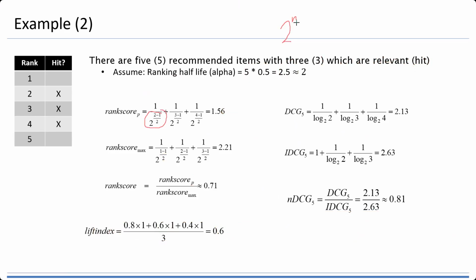And for the leaf index, we just use the linear reduction: the first is 1, then 0.8, 0.6, 0.4, 0.2. But NDCG, IDCG, and DCG use the log function.